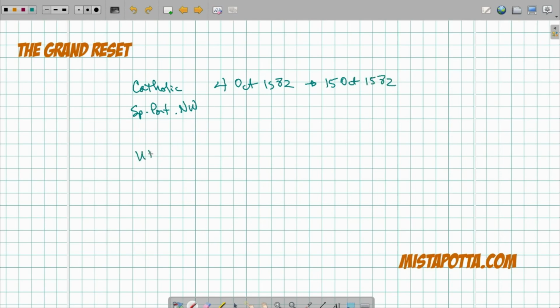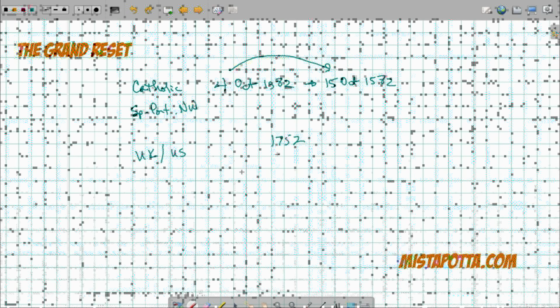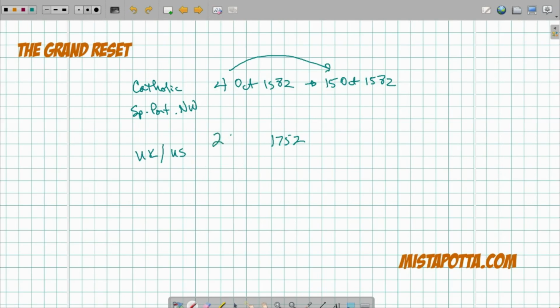But if you take a look at the UK and what would become the United States, they don't make this change until 1752. Well, here, this was an 11-day change. Now, the 2nd of September is followed by the 14th of September, 1752. And if you take a look at other countries that would make the change later, meaning that they had more days to adjust.